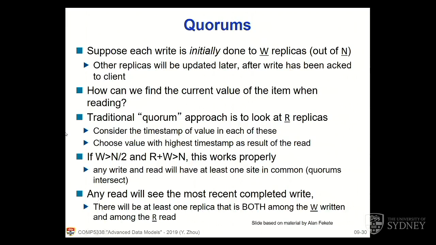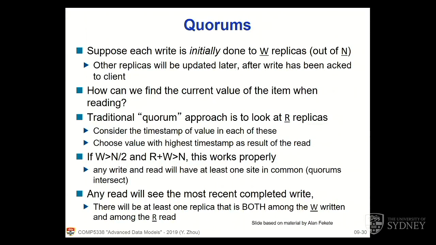And then how do we find the current value of the item when reading? If we always want to find the current value, and assuming that a write returns without reaching all the copies, then when we do a read, we also need to contact a few copies. The idea is that if we contact enough copies, some will contain the latest one, and then we can return it.